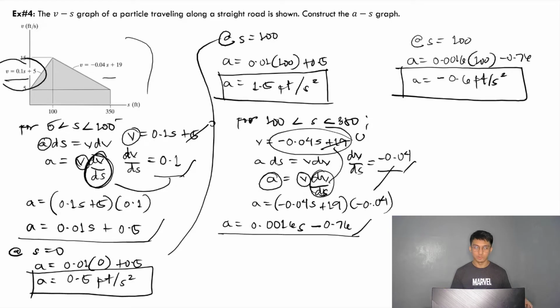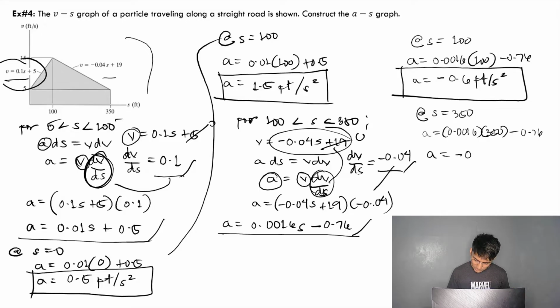Ayan yung ating susunod na points. And then at s is equal to 350, acceleration is equal to 0.0016 times 350 minus 0.76. Acceleration now is equal to negative 0.2 feet per square second.